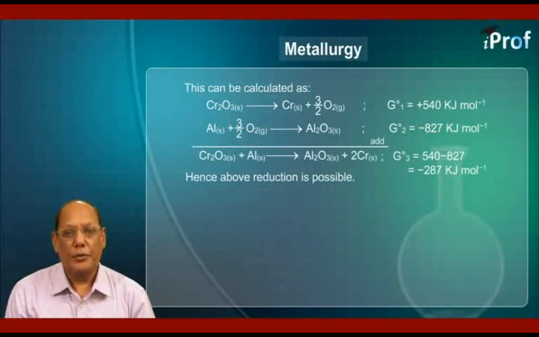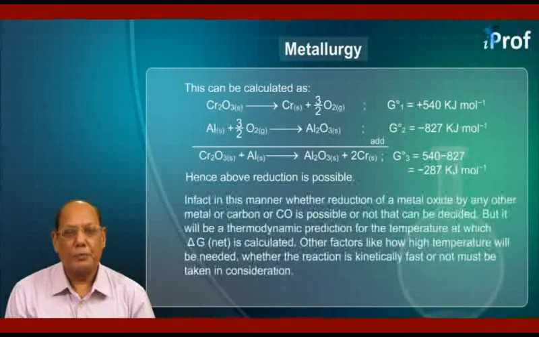ΔG2° is minus 827 kilojoule per mole. Adding these two reactions, we get Cr2O3 (solid) + Al (solid) to give Al2O3 (solid) + 2Cr (solid). ΔG3° for this reaction becomes 540 minus 827, so that amounts to minus 287 kilojoule per mole. Hence, the above reduction is possible.